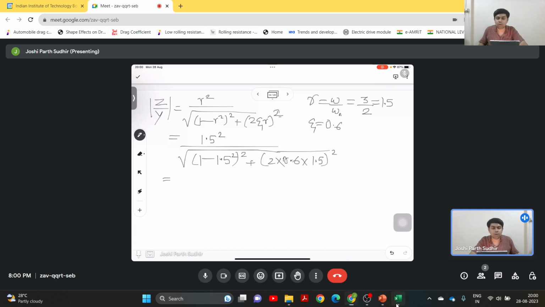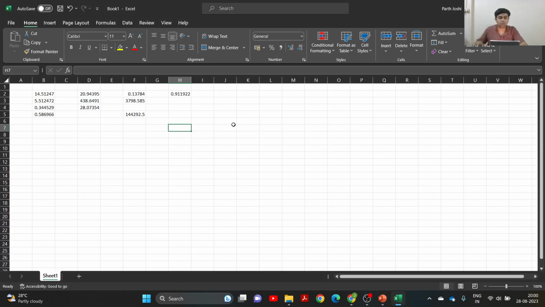So we can calculate this again in Excel. Here our value of R is 1.5 and our zeta is 0.6.